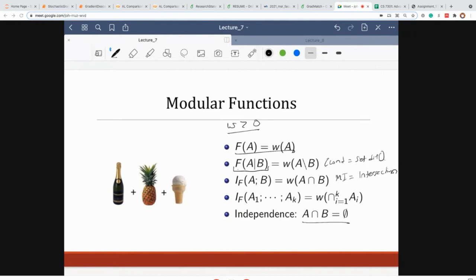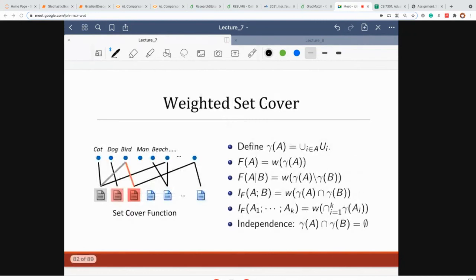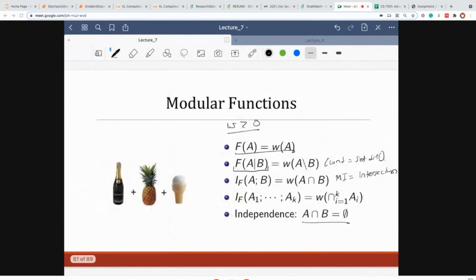Because there is no real notion of shared information. Everything is additive. But nevertheless, it's easy to understand what these mean over here. By the way, a modular function is exactly equal to an entropy function with independent random variables.